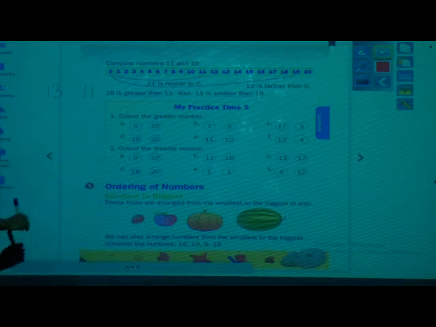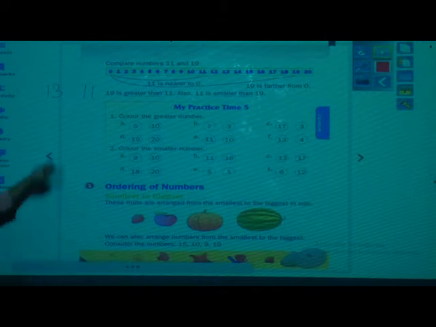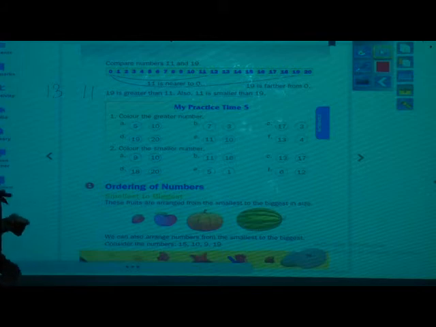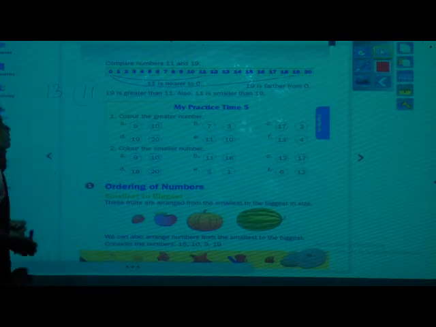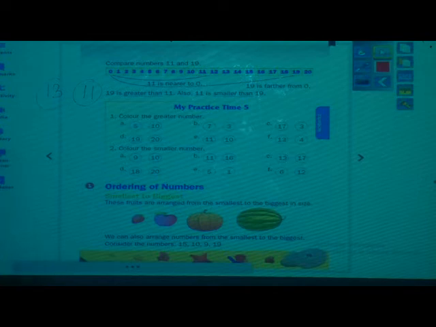Now tell me first which is smaller. इन दोनों में से छोटा कौन सा है? Smaller number, which is that? Yes. Which comes first, 11 or 13? 11. So this is smaller. And this 13 is greater or bigger. Understood?